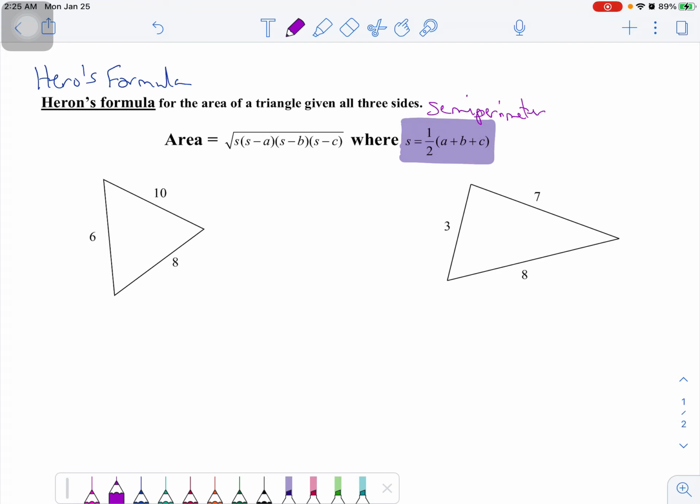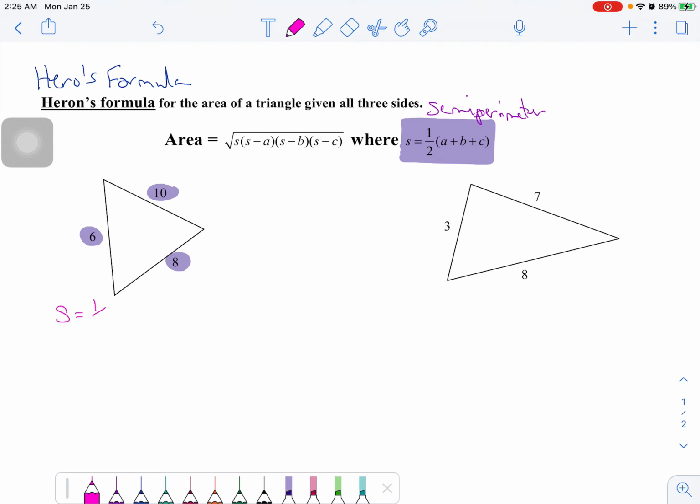Basically, you're going to find the perimeter and chop it in half. And then once you know the semi-perimeter value, you're going to use that S value with your A, B, and C, which are the sides of the triangle, in this formula. So if we know all three sides of the triangle, we can apply Heron's or Hero's formula.